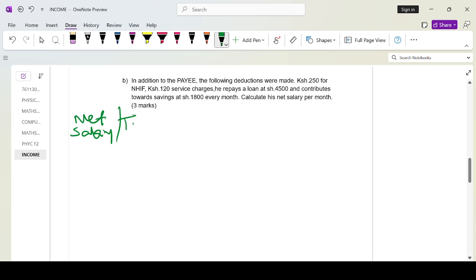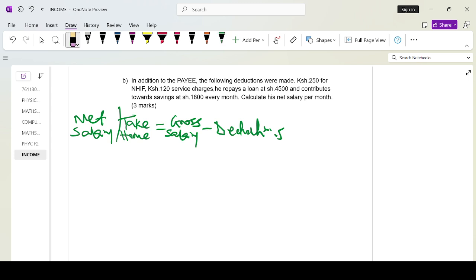It's called also the take home. And we normally take the gross salary minus the deductions.